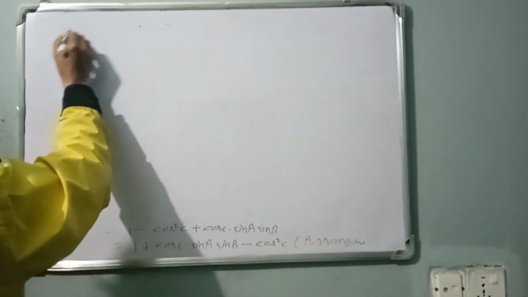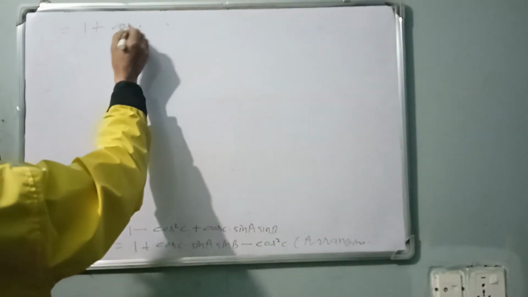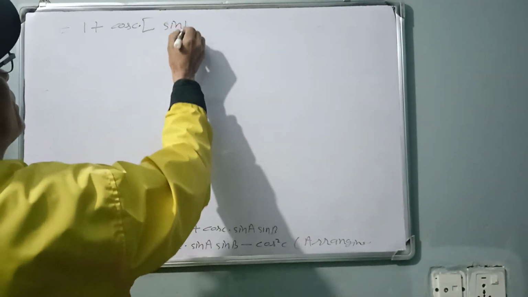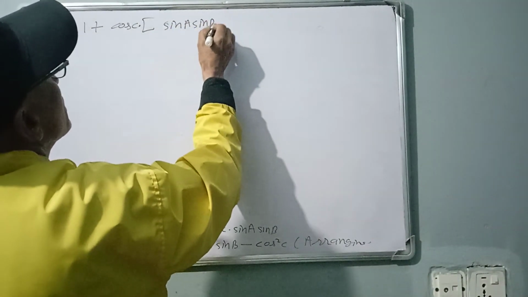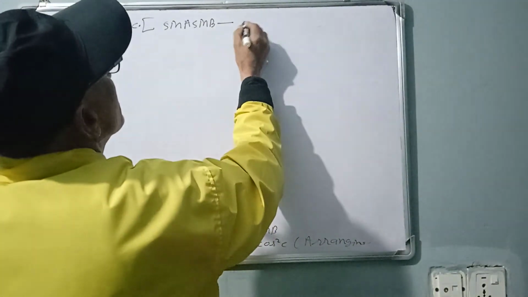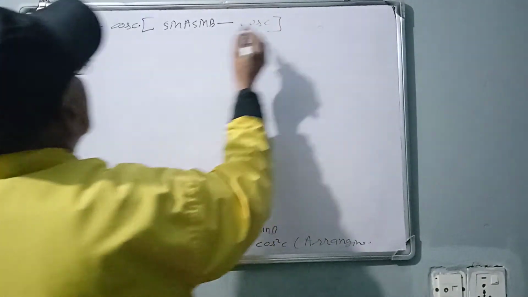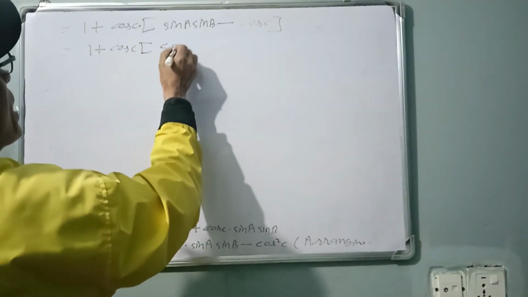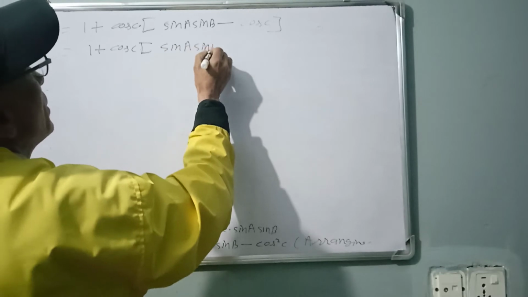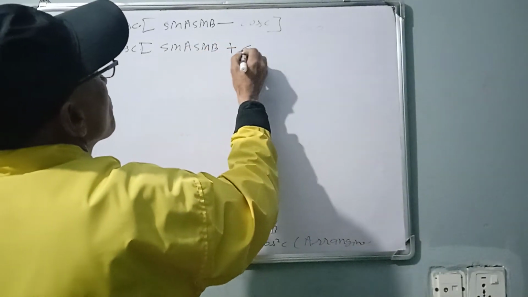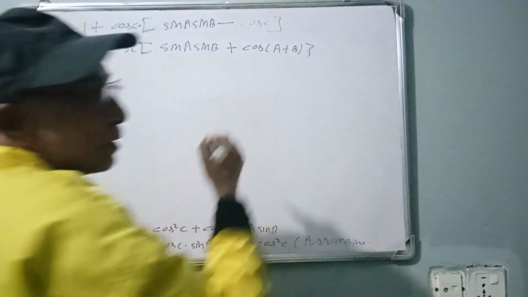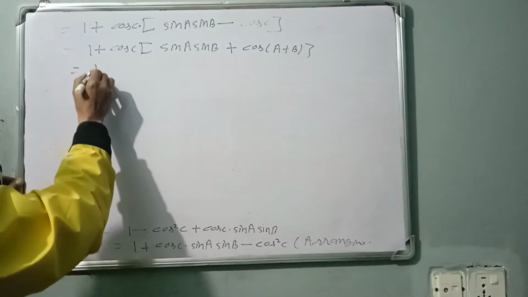If you take cos C common, 1 plus cos C common, what is remaining? Sin A sin B is remaining, minus cos C. So it is 1 plus cos C into sin A sin B minus cos C. Now what do you do? Minus cos C is cos A plus B, already proved.